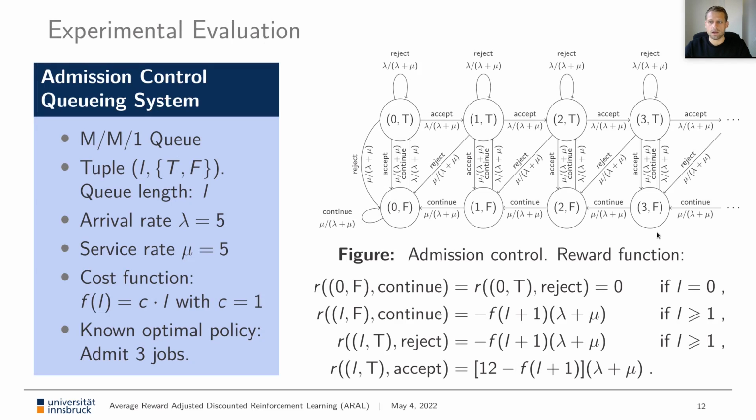And we applied this algorithm to an admission control queuing system where we use an M/M/1 queue, which means Markov or exponential inter-arrival time distribution, exponential processing times, and there is only one queue. The state space is given by a tuple of first the queue length L and then a Boolean variable where true means that we have an incoming order where we need to decide on acceptance or rejection of this order.